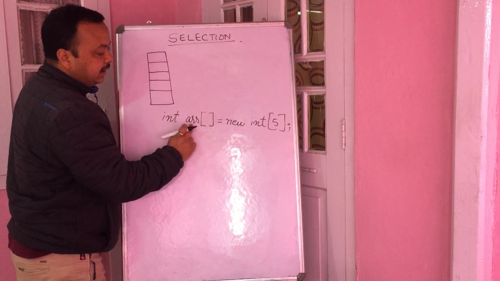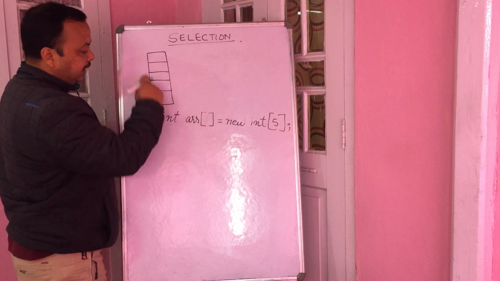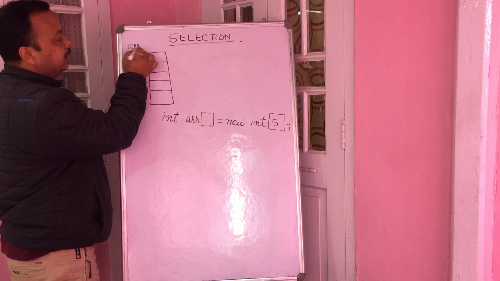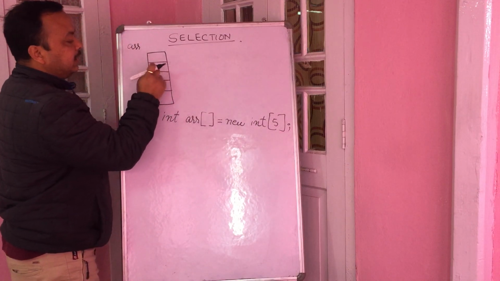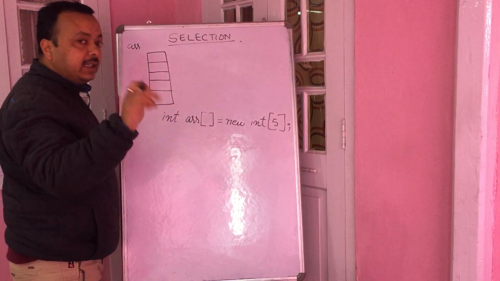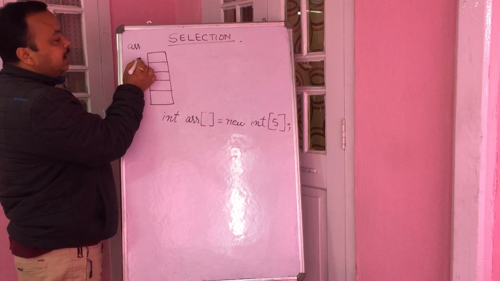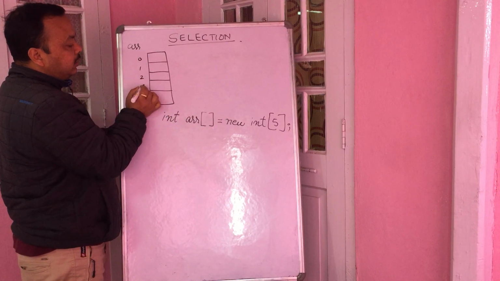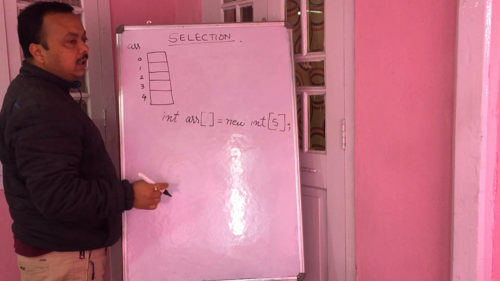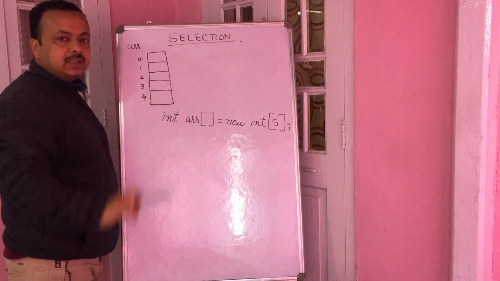So this is int arr, so the name of the array here is arr, and how many elements will be there? There are 5 elements. The elements are identified in an array by their subscript, starting from 0: 0, 1, 2, 3, 4. If you count, it's actually 5 elements.